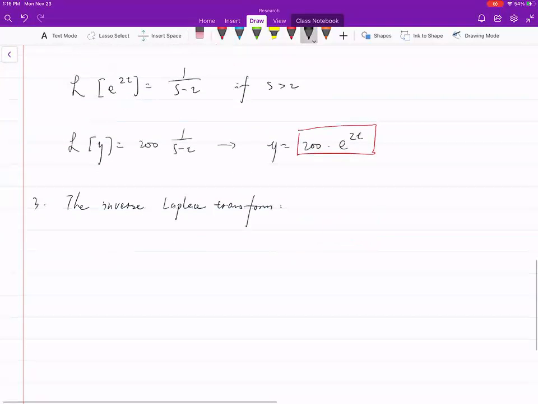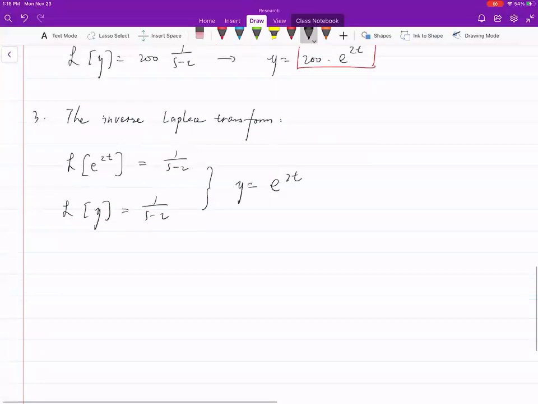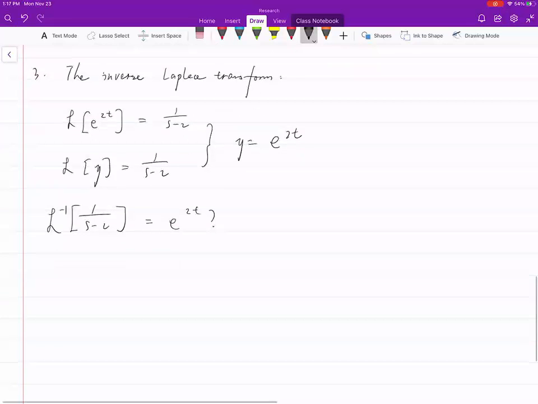Okay, if you know L of e to the 2t equals 1 over s minus 2, and you know Ly equals 1 over s minus 2, can you just say y equals e to the 2t? That clearly involves taking this one and trying to inverse it. Okay. We don't have the tool to actually tell you if it's right or wrong. Okay. But what we can say is the inverse is unique.